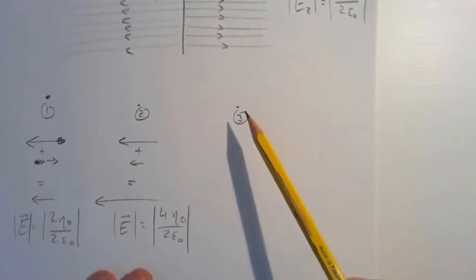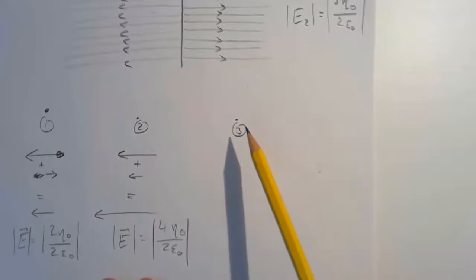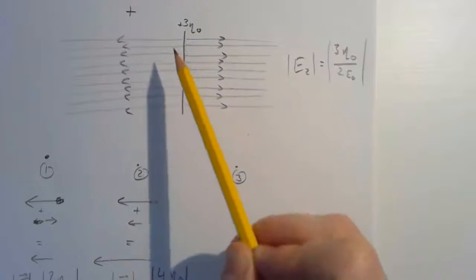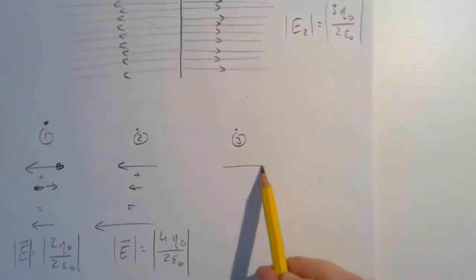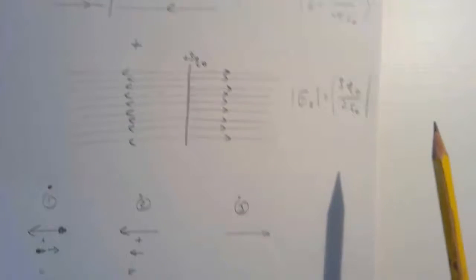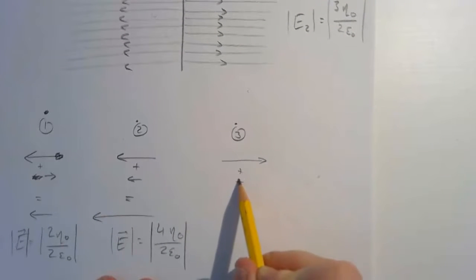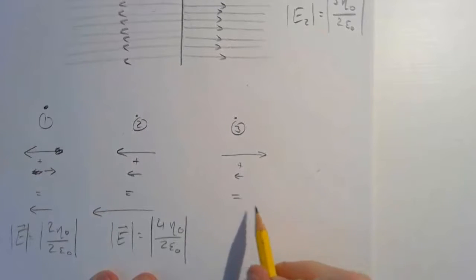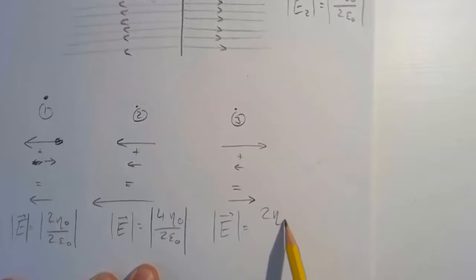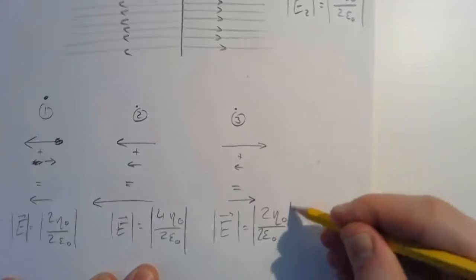And then for the final one, the field due to the positively charged one, the stronger charged one, is to the right, but the one due to the weaker negative charge is to the left. So I'm going to do it like this, and I end up with the longer one still winning, but again I have an electric field strength that's just 2 eta 0 over 2 epsilon 0, excuse me.